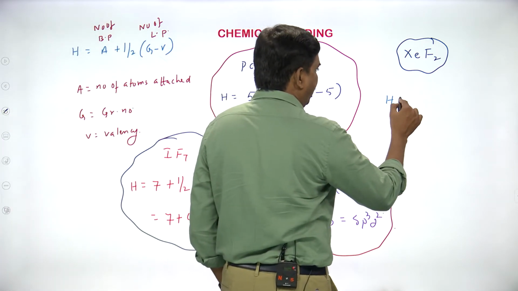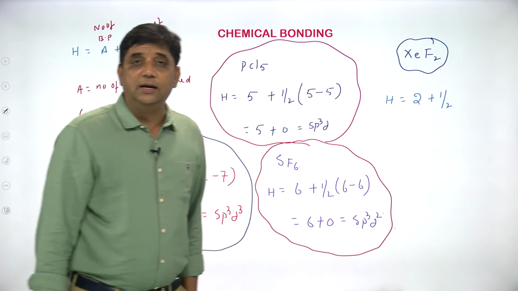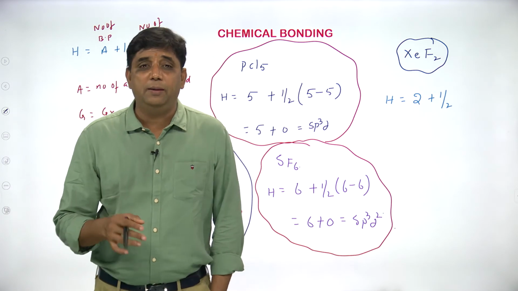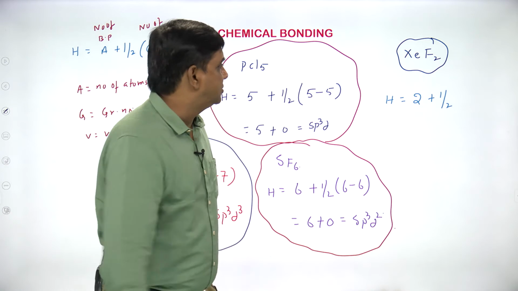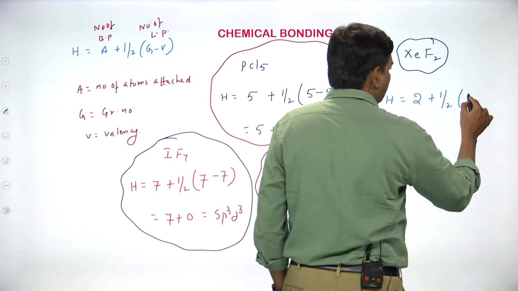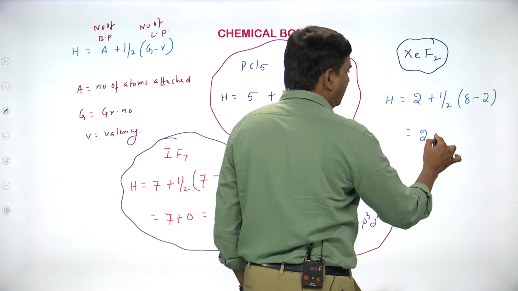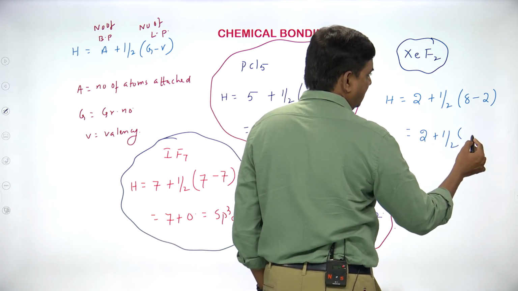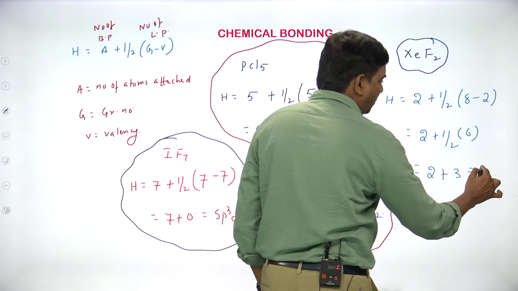H is equal to A, which is 2, plus half into xenon. Actually it is a 0 group element, but in this case you must consider xenon as an 8th group element. So half into 8 minus 2, that is equal to 2 plus half into 6, and this is 2 plus 3, is equal to 5.